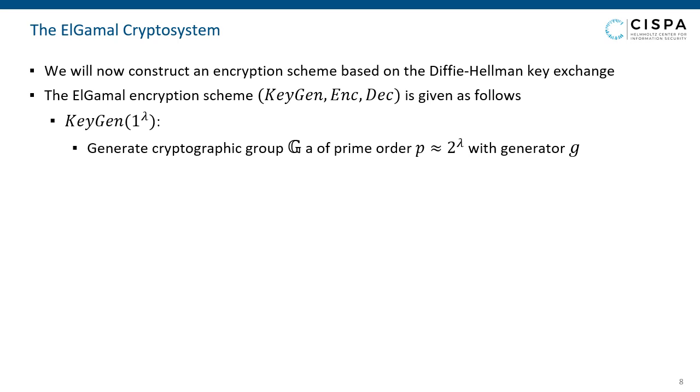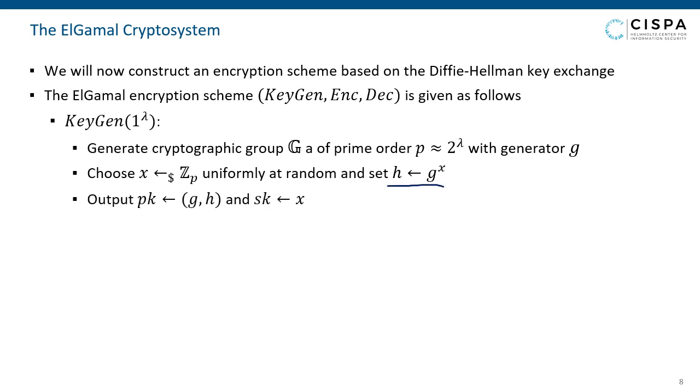This generator lowercase g generates our group capital G. Now we will choose an x in Z_p uniformly at random and set h to g to the x. And we will output as public key the pair (g, h), and as secret key we will keep x.